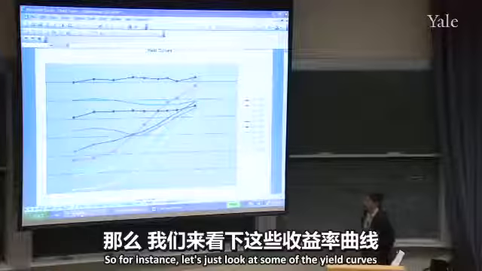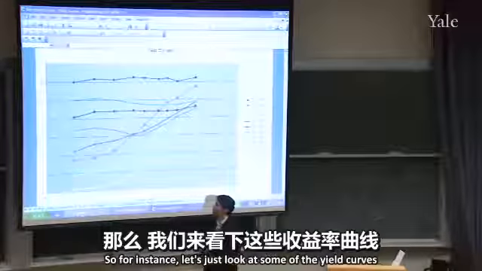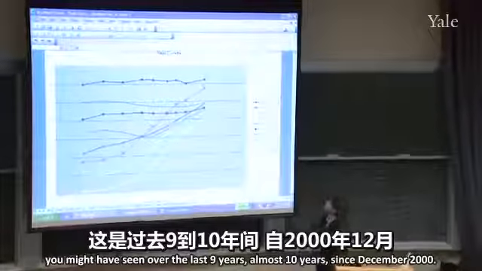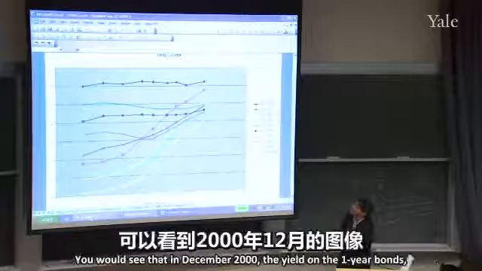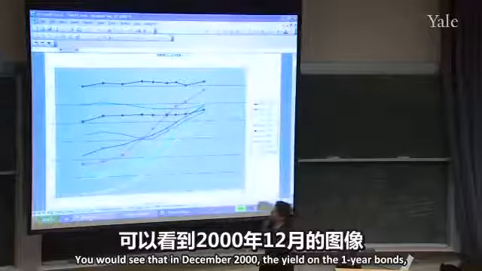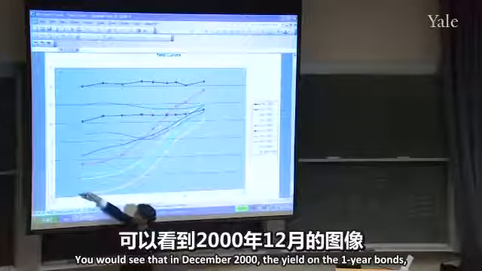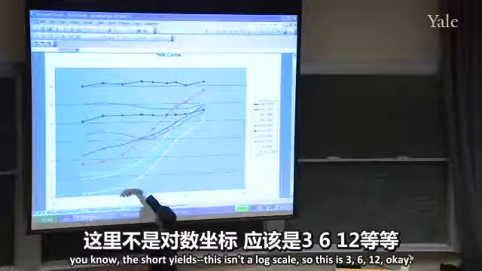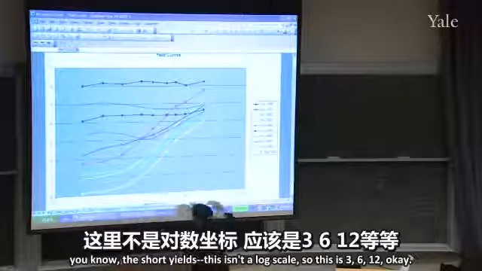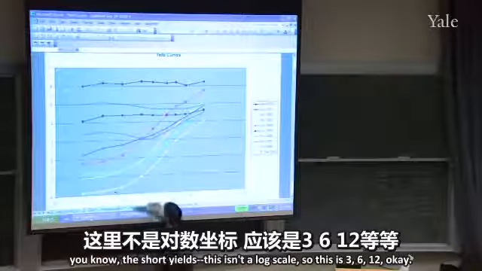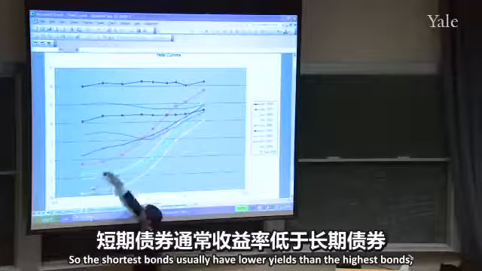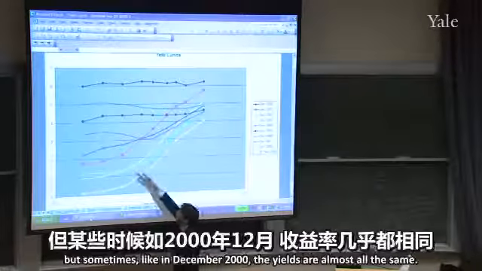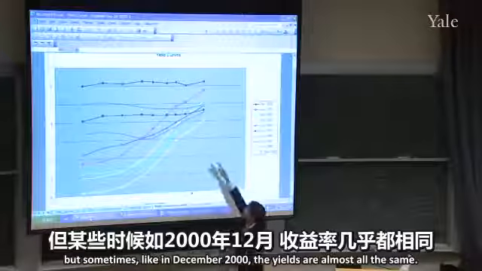So, for instance, let's look at some of the yield curves you might have seen over the last almost 10 years, since December 2000. You would see that in December 2000 the yields on the short bonds were, this is in a log scale, so this is 3, 6, 12. The shortest bonds usually have lower yields than the longest bonds, but sometimes, like in December 2000, the yields are almost all the same.